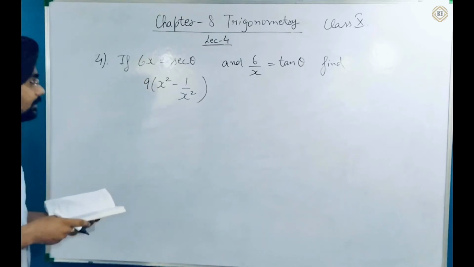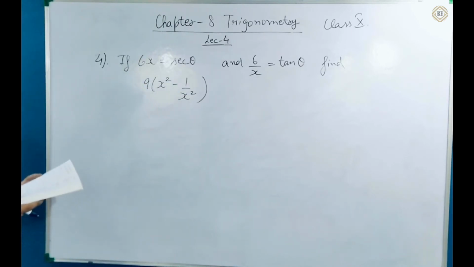So here we have to calculate the value of 9 times x square minus 1 upon x square.